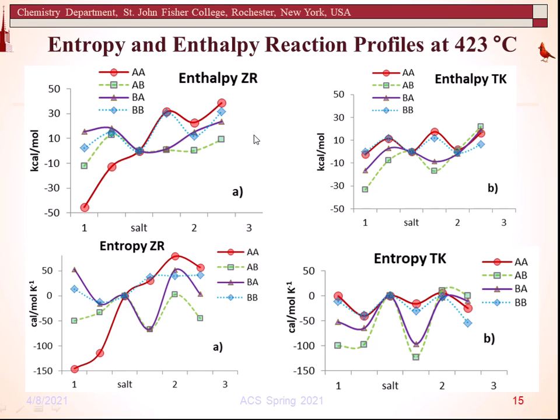First of all, the enthalpy and the entropy for the zirconium catalyst for the formation of symmetrical pairs in the retrocondensation product, like AA, this is a red line, compared to the unsymmetrical pairs is lower, and the graphs for the symmetrical ketones have a high level of energy and enthalpy and entropy.